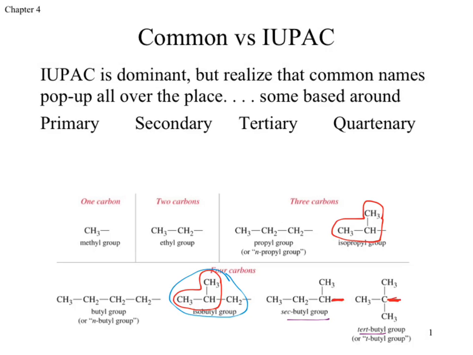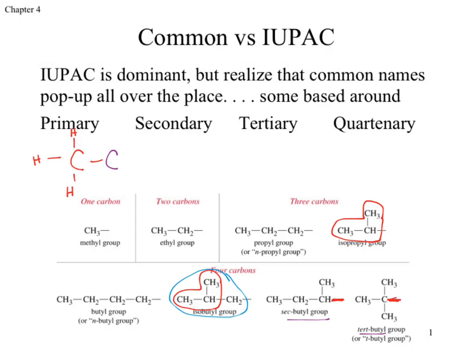What those are referring to, in the case of alkanes, is the number of carbons attached to the carbon that we're looking at. So a primary carbon, so there's our single carbon, is only attached to one other carbon. And that means the rest of it has hydrogens. So our red carbon in that case is a primary carbon.